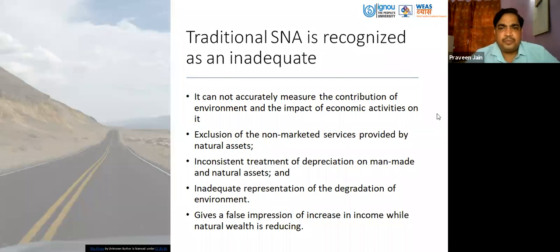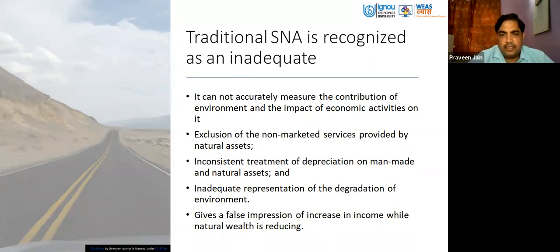So again, some of the slides highlight the shortcomings of the traditional system of national accounting. This traditional system, SNA, is recognized as inadequate because it cannot accurately measure the contribution of the environment and the impact of economic activity on it.